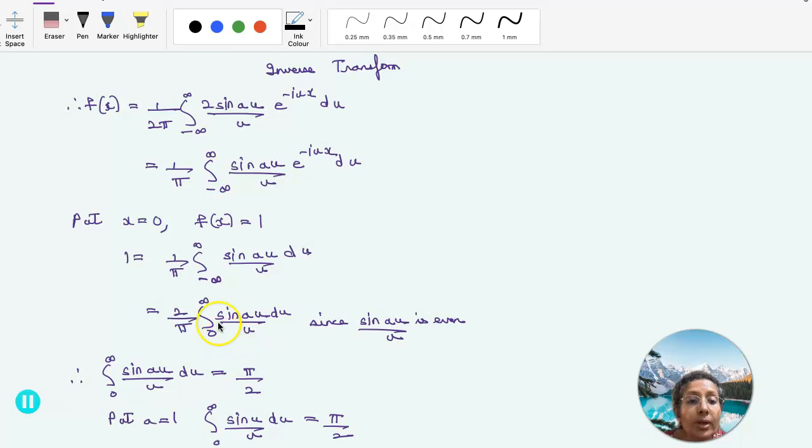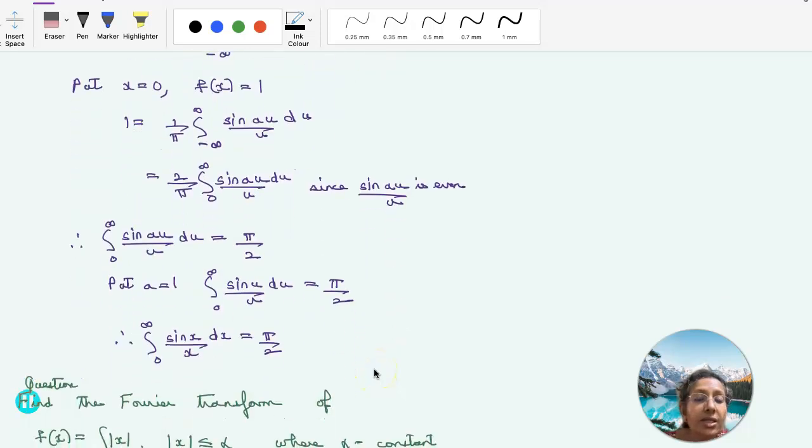So this becomes 2 by pi integral 0 to infinity sin au by u du. We're using the fact that integral minus a to a f(x) dx is twice integral 0 to a f(x) dx if f is even. So integral 0 to infinity sin au by u du will be pi by 2 when you take this to the other side. If I put a equal to 1, we get integral 0 to infinity sin u by u du is pi by 2, or integral 0 to infinity sin x by x dx is pi by 2.